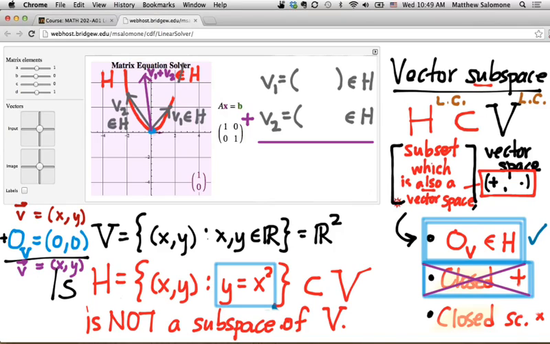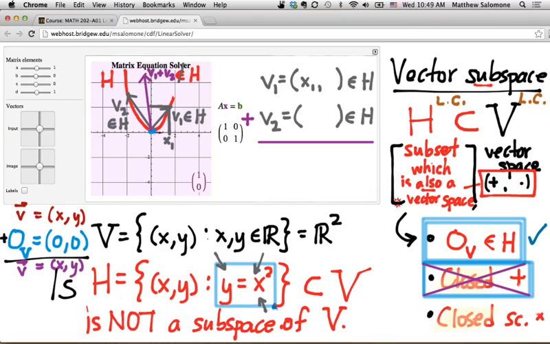If both v1 and v2 are elements of H, then what do they look like? Let's say v1 has an x-coordinate of x1. What is the y-coordinate of v1 going to be? If this is x1, then what's this, if v1 belongs to H? x1 squared.